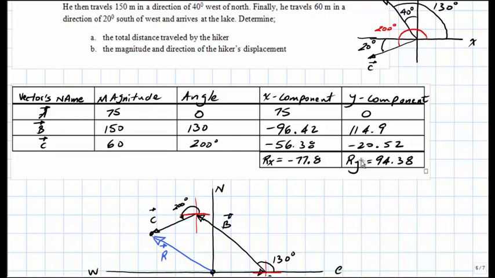And so with these two values, we can now calculate the magnitude of the overall displacement as well as the angle related to the overall displacement. So let's do that next.